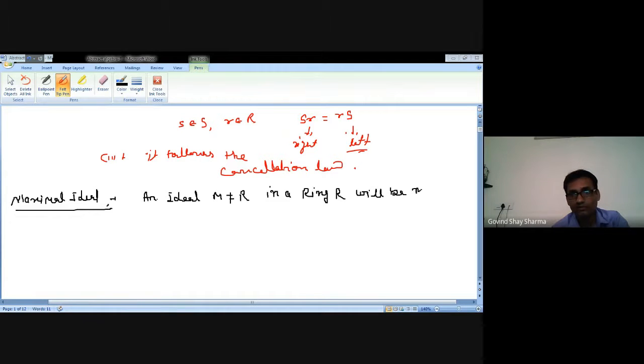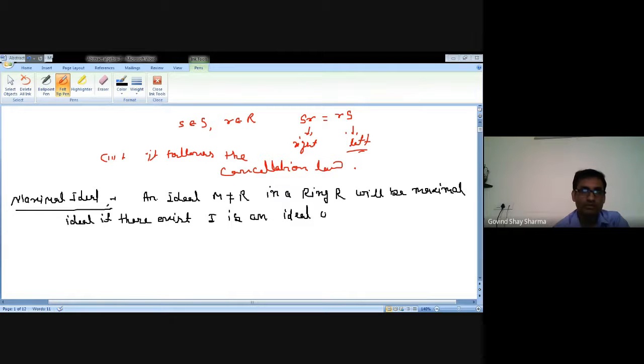M will be a maximal ideal if there exists an ideal I of R such that M is a subset of I, then M is equal to I, or I is equal to R.